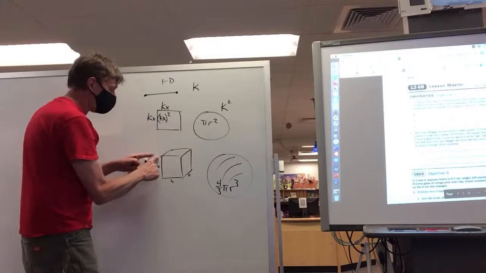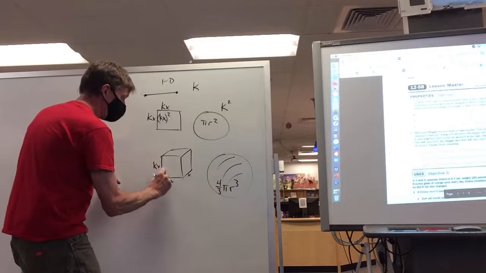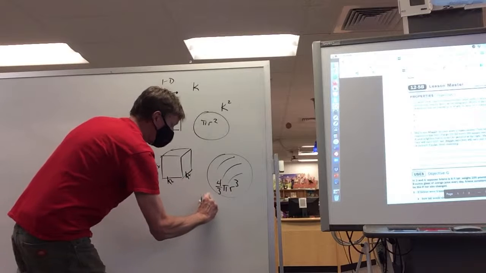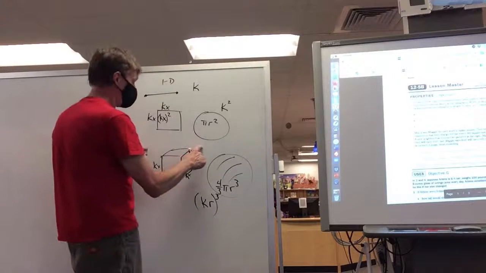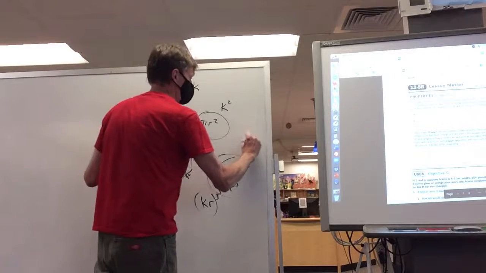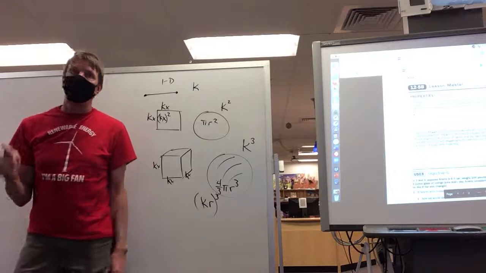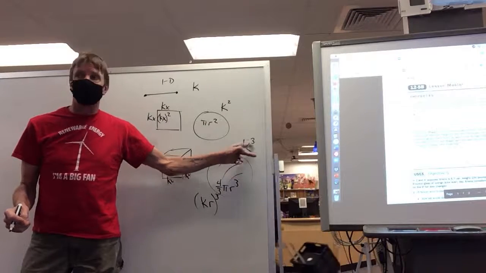And if we say that we're going to make each of these a certain number of times longer, then you've got k times that, k times that, k times that. If it's this, then you have k times r, which is to the 3rd power. So what you end up with volumes is, if you know your size change factor, your calculations get done with that size change factor to the 3rd power.